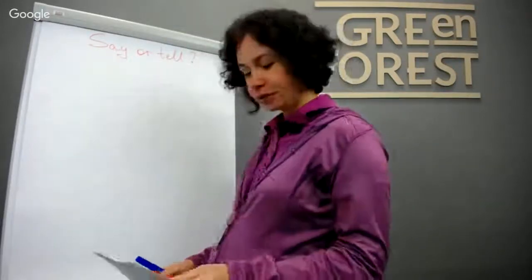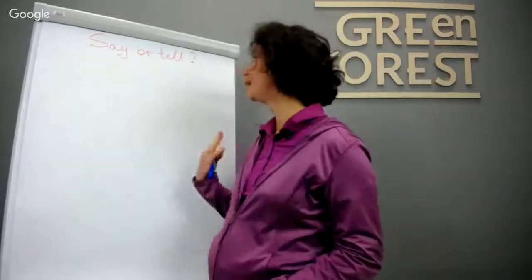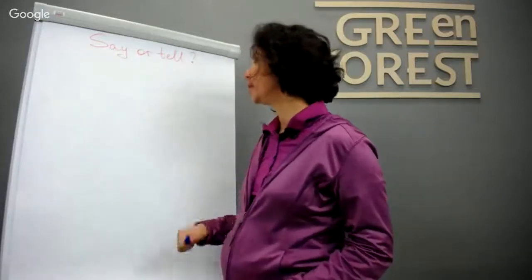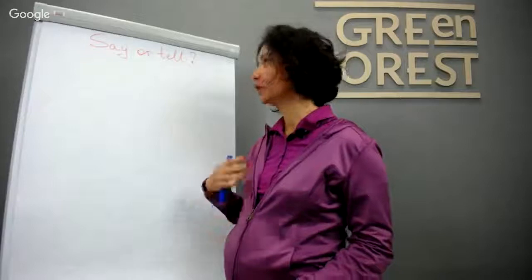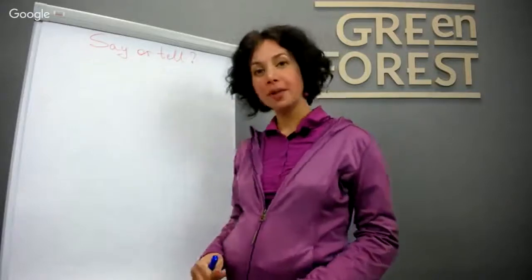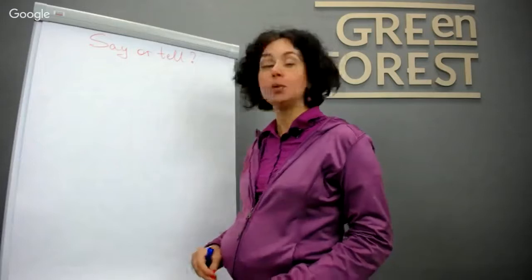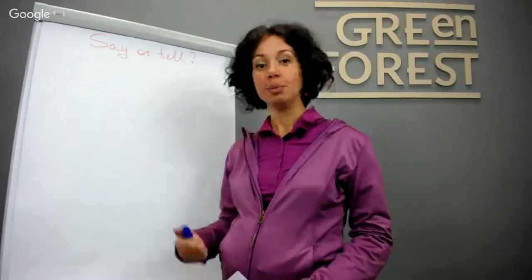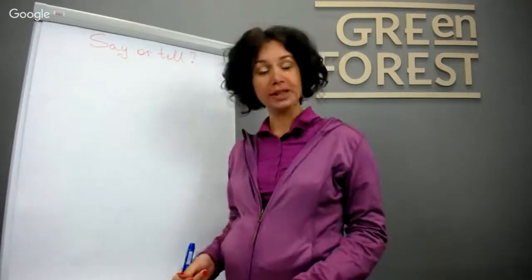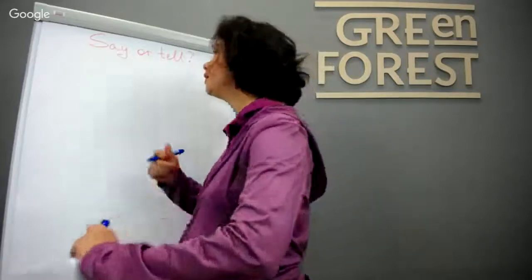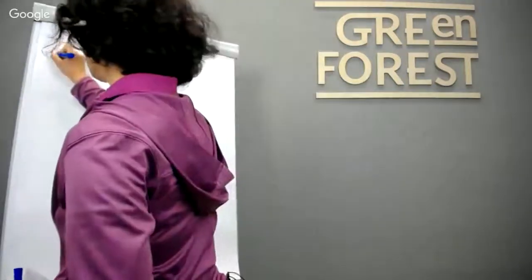Okay, first of all, I'm sure you know that say and tell are irregular verbs. So in the past, we say said or told. The first rule to keep in mind is that we use these two words very often in reported speech, when we report somebody's words. And here is the difference.